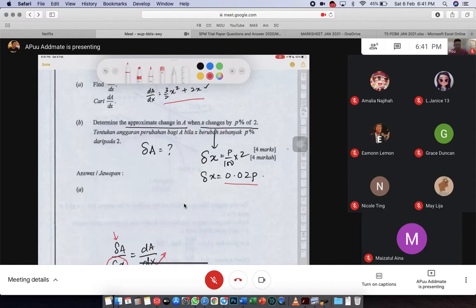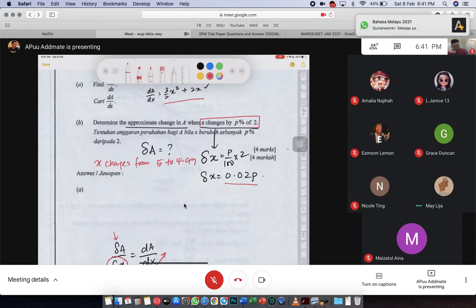Not sure. Sebab selalunya kan, you nampak soalan ni, dia kata x changes from, kan? Kadang-kadang dia cakap macam ni kan? 5 to 4.99. Betul tak? So, you can nampak nilai x tu adalah 5. Tapi kalau you nampak soalan ni, dia kata x changes by p% of 2. Maksudnya, nilai x tu sama dengan 2. Yes. That x is equal to 2.